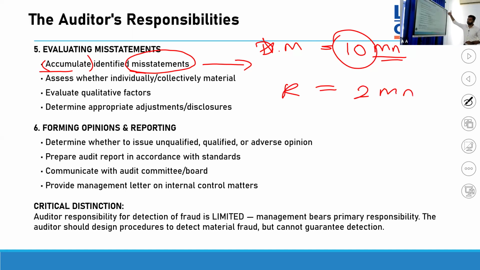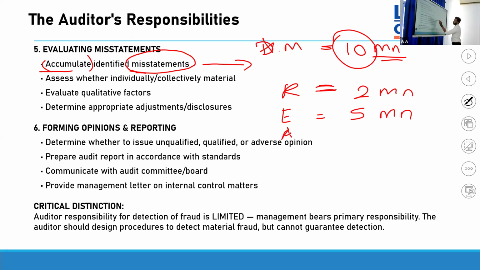So no need to modify our opinion. We just need to communicate those things, right? So revenue, there is a misstatement of 2 million, right? When it comes to the expenses, let's assume there is another misstatement of 5 million in expense.